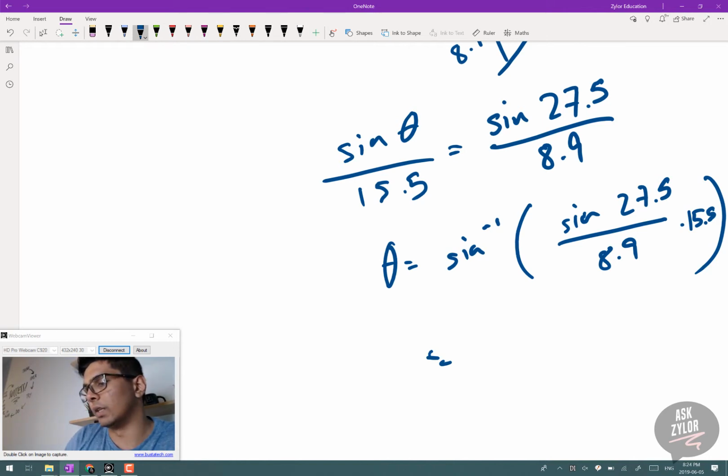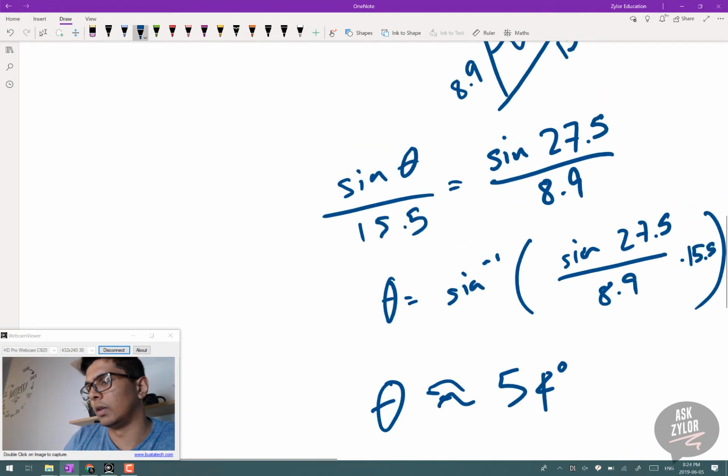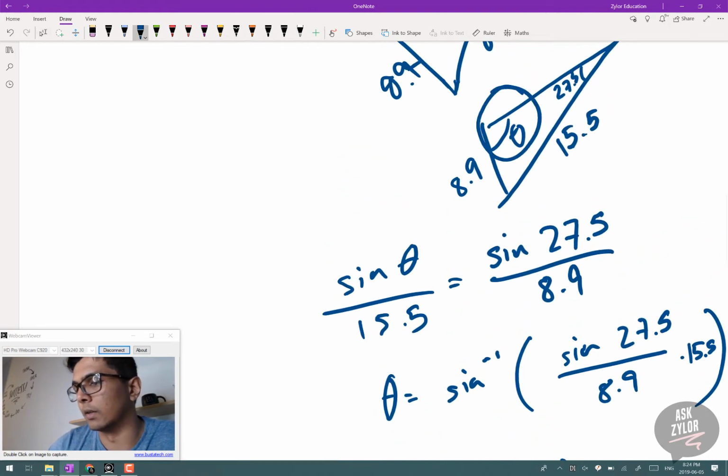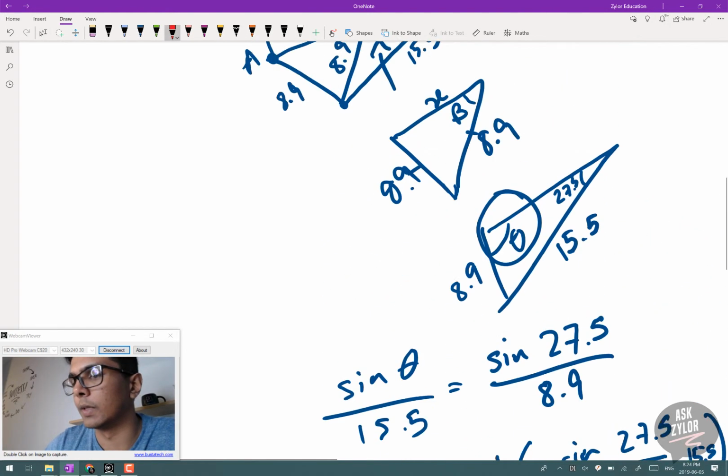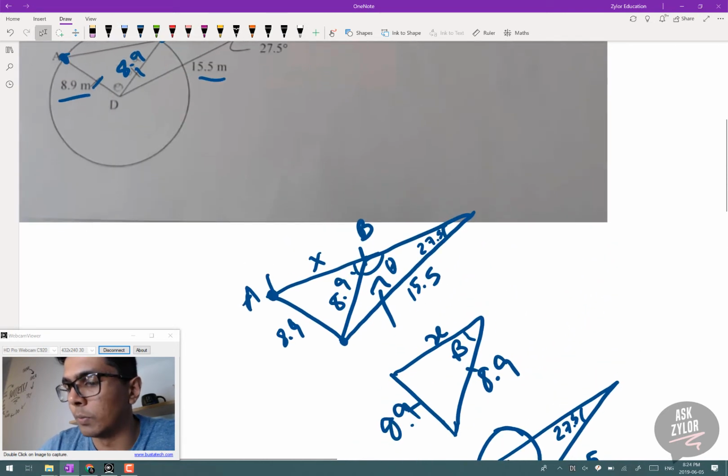Right. This should give me roughly 54 degrees. So what we found is this angle right here. Right. So in this triangle we found this angle. So we know this is roughly 54 degrees.